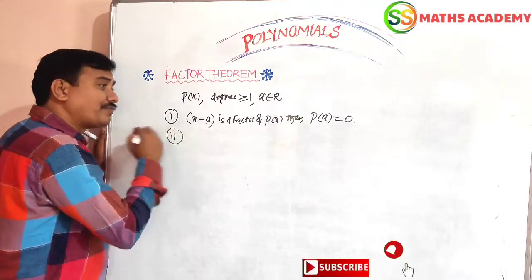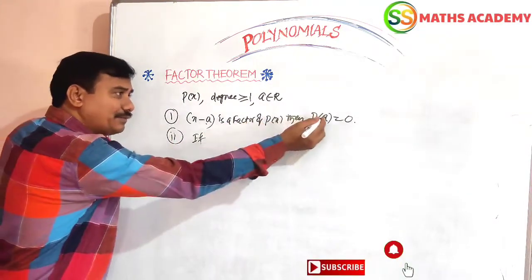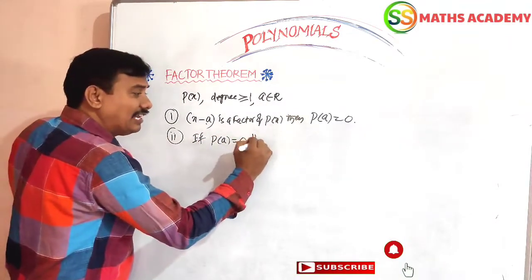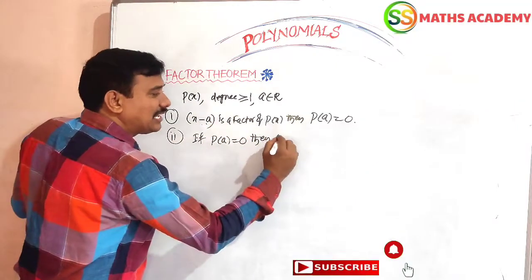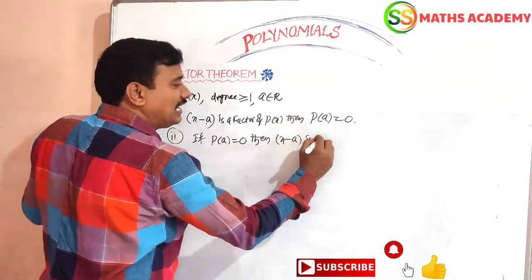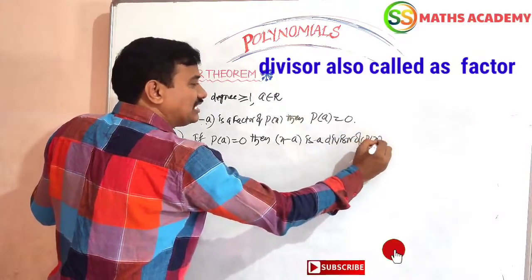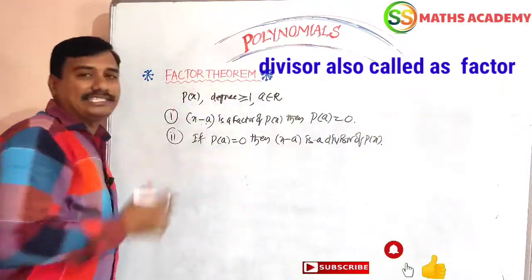Second case, if P(a) equals 0, the remainder is 0, then x minus a is a divisor or factor of P(x). This is the main theme of the factor theorem.